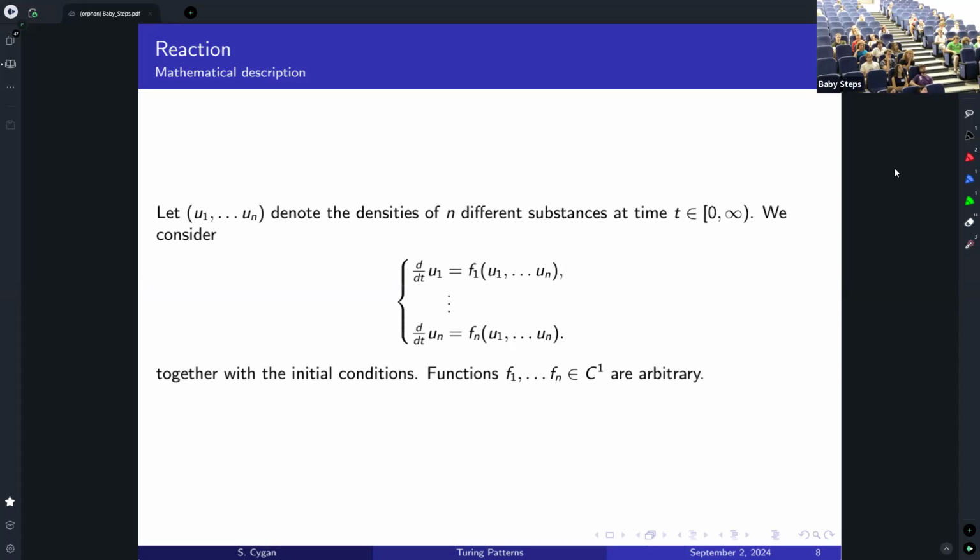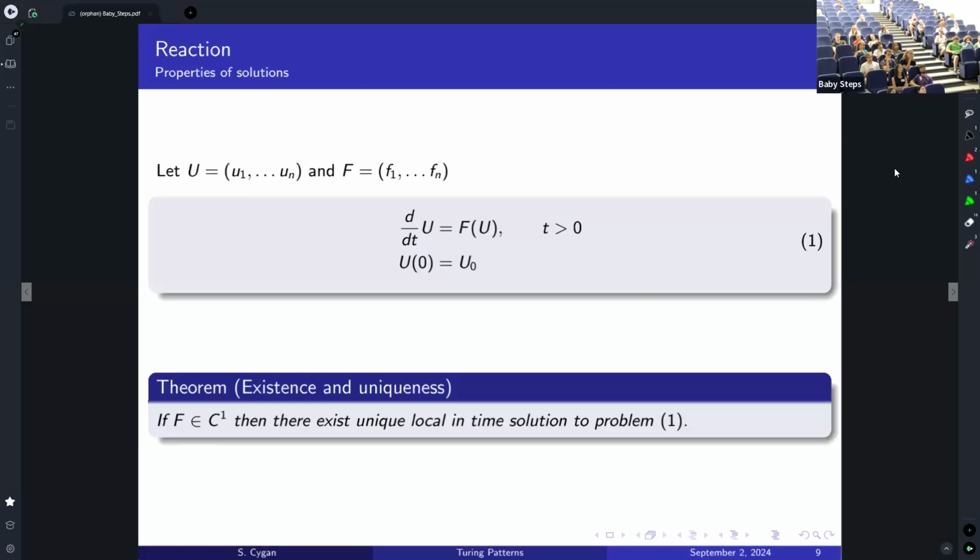And now what can we say? Basically, this is a system of ordinary differential equations. So using the basic knowledge from a course on ordinary differential equations, we can write it in the matrix form, like here, where u is a vector u1 up to un.